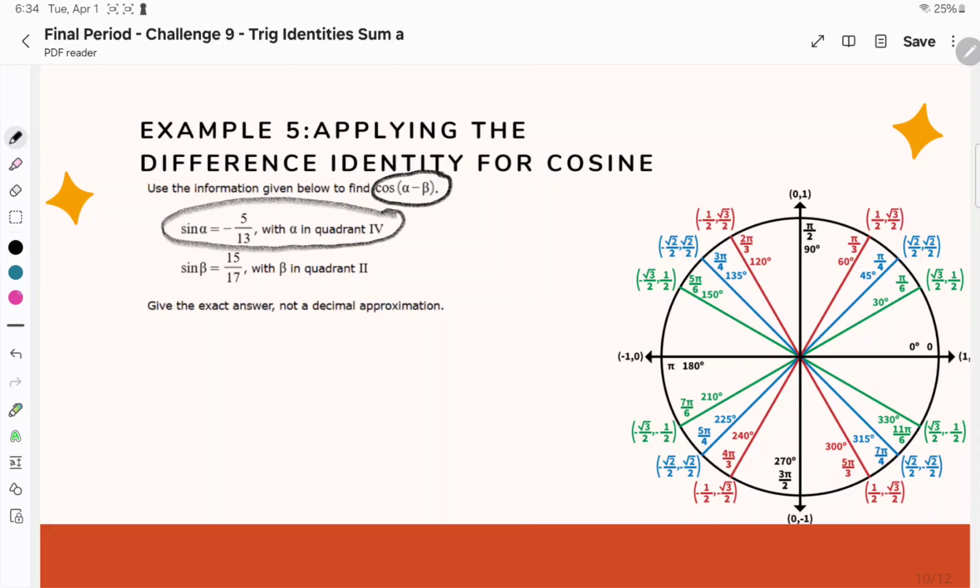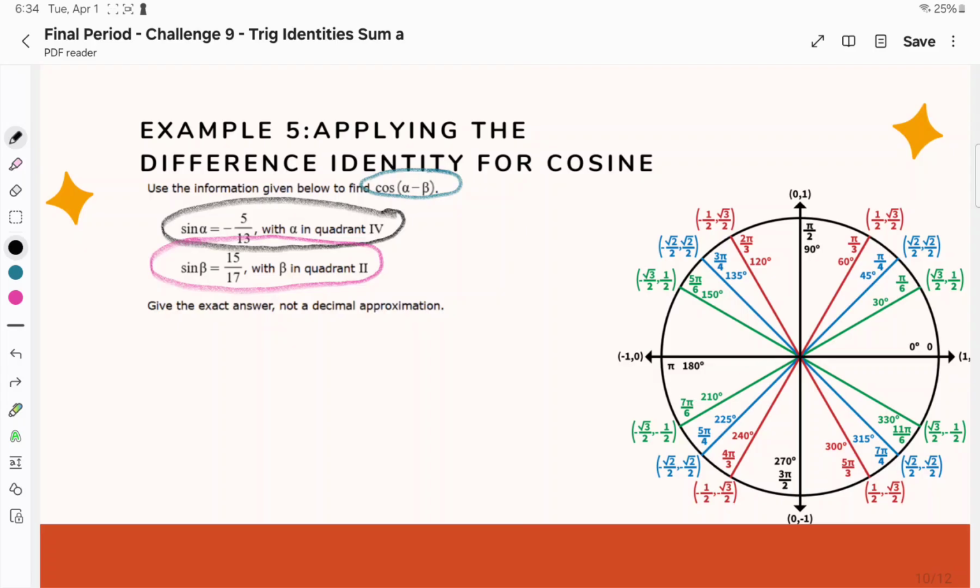And of angle beta, they tell me sine of beta is 15 over 17 and beta is in quadrant 2. Okay, and I need to find the cosine of alpha minus beta. So as you can see, they are giving me information of alpha and beta, but separately. Not about the difference, but about each of them separately.